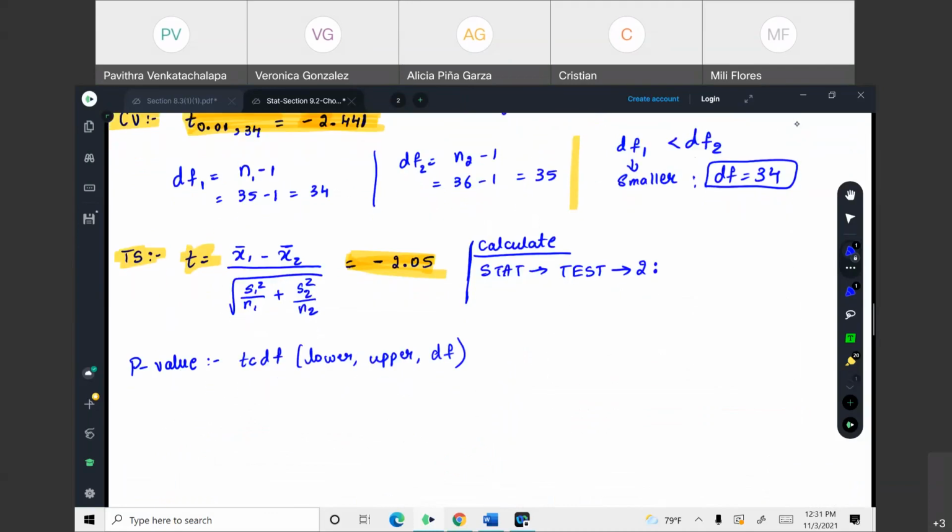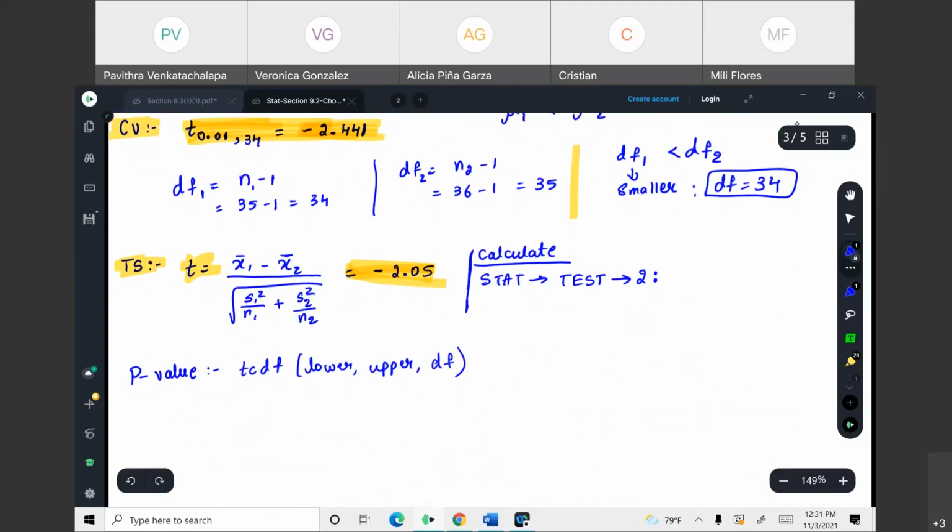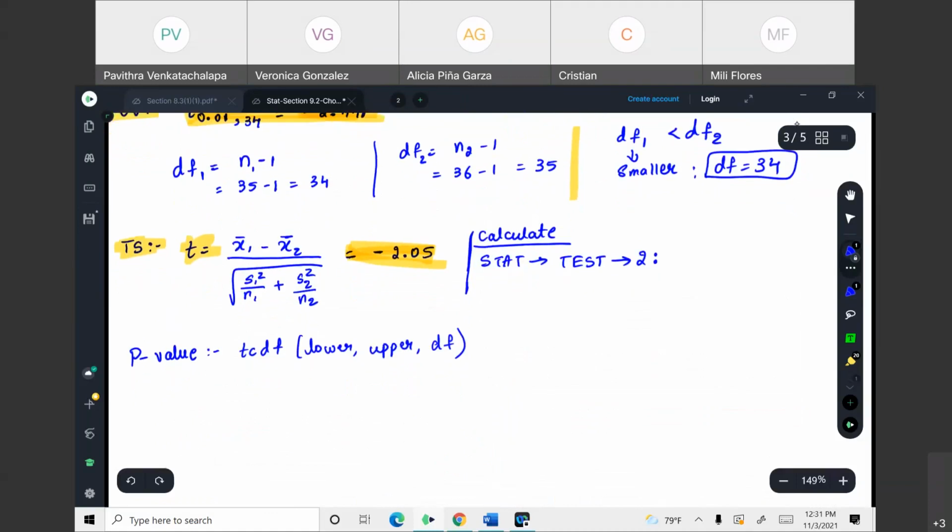This depends on your test statistic value here. So this is a left tail test and it is minus 2.05.